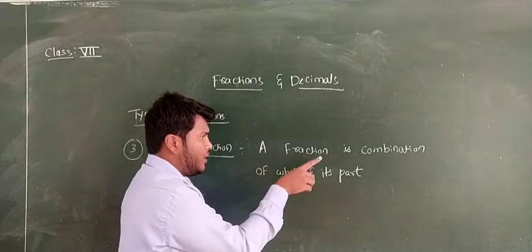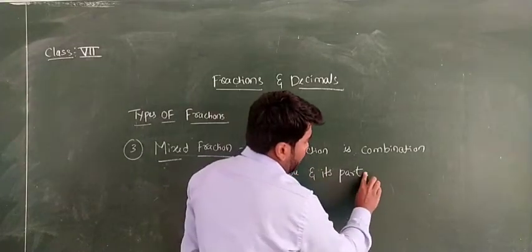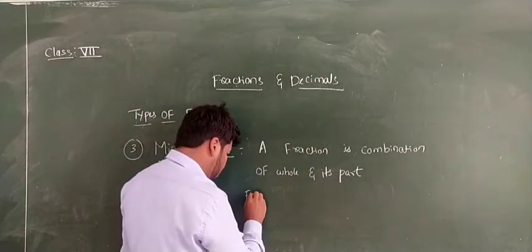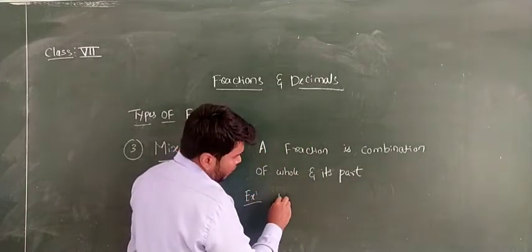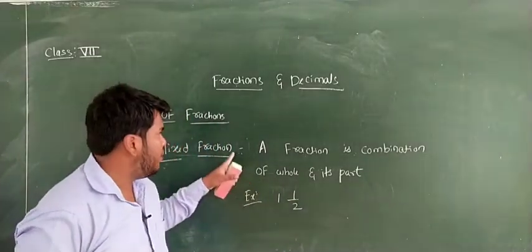A mixed fraction is a combination of whole and its part. Or you can give an example: one integer 1 by 2. One integer 1 by 2 is an example of mixed fraction.